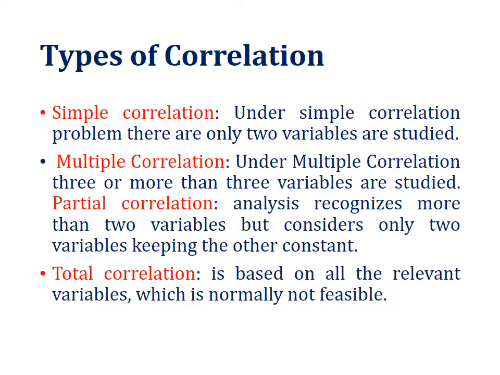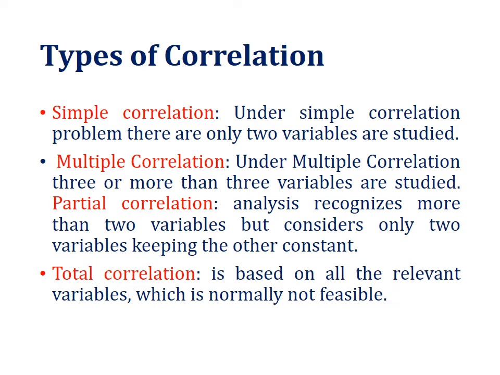In partial correlation, we take more than two or three variables, but one variable is kept constant. For example, if demand, supply and income are three variables, we take income as the constant variable and check the correlation between demand and supply.